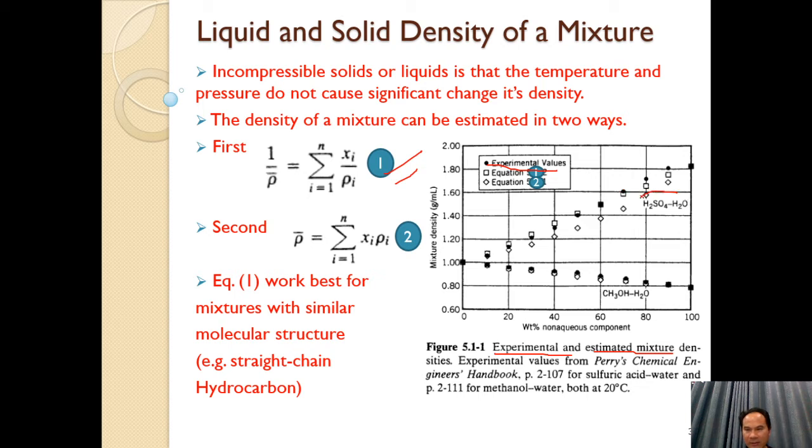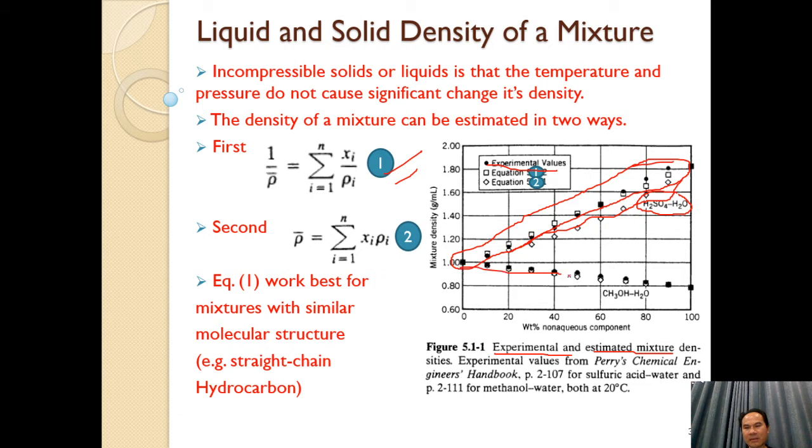For sulfuric acid and water, formula 1 is better than equation 2, because the data is close to the real, experimental data. Formula 2 has some deviations, some error.